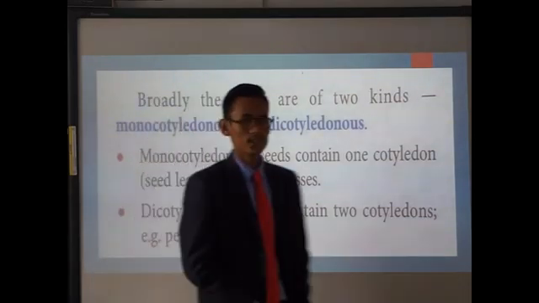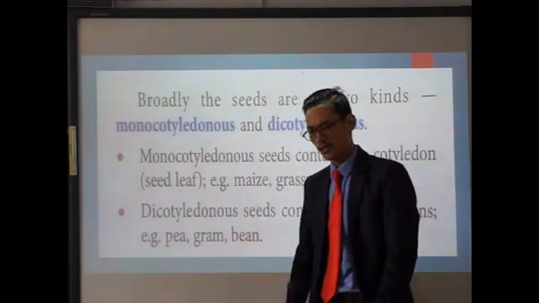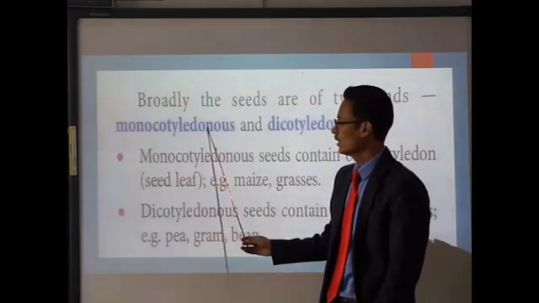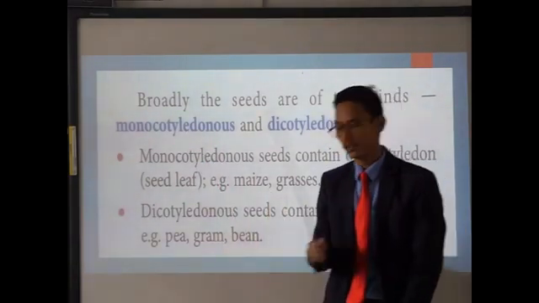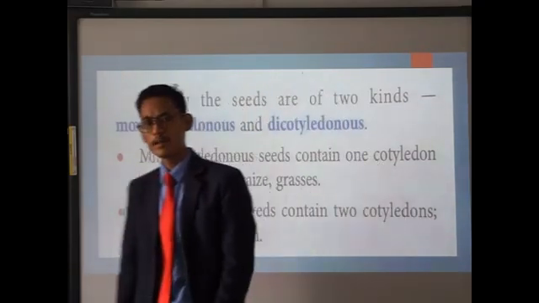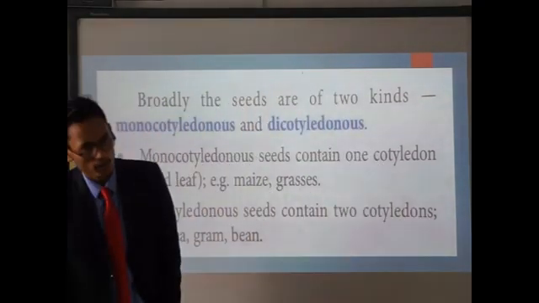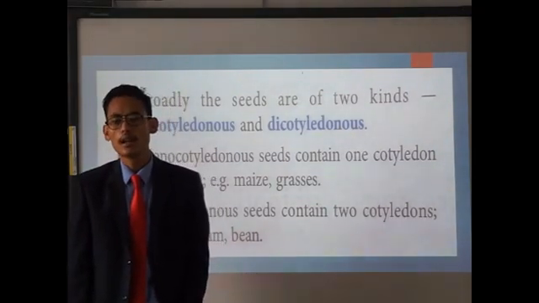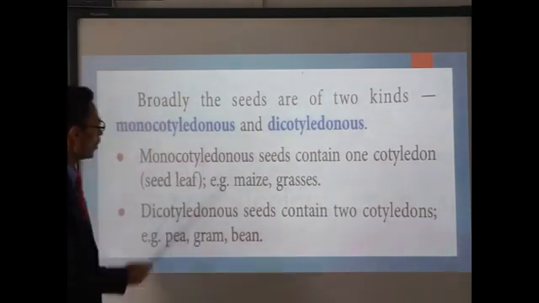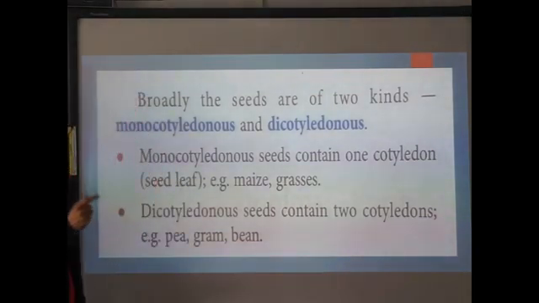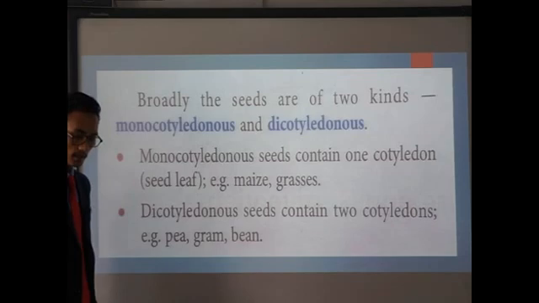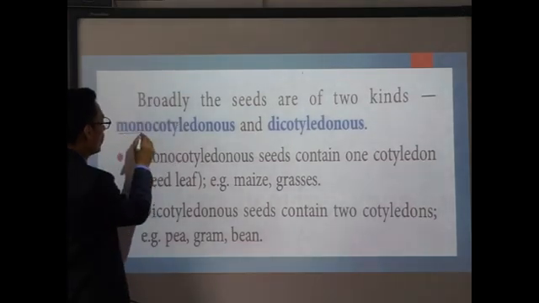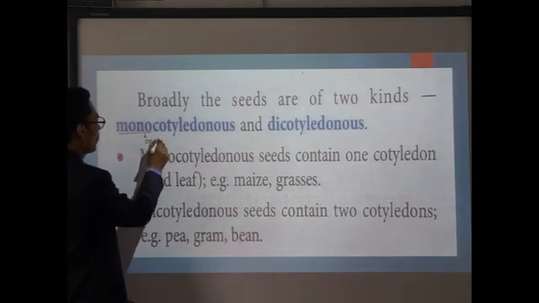broadly, seeds are of two types depending on the number of cotyledons: monocotyledonous and dicotyledonous. Monocotyledonous means it contains only one cotyledon, because the term mono means one.